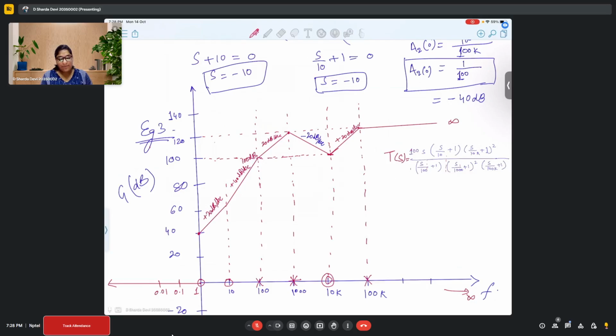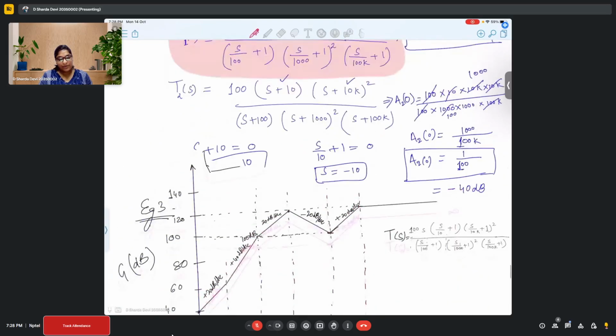What happens is when your curve crosses the 0 dB path, after that the system almost becomes unstable. But it is stable in this case.